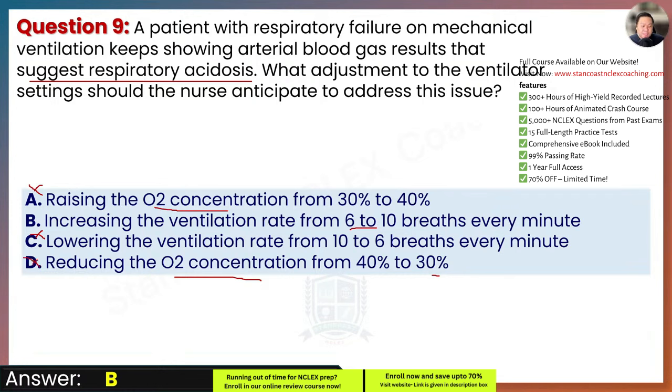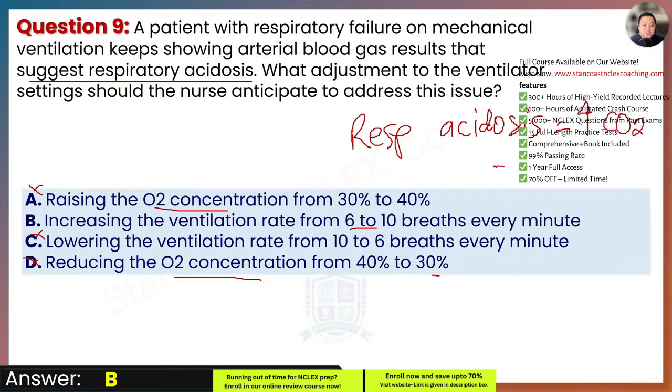Never do that. And so for you to answer this question correctly, I want you to match the intervention to the problem. So remember, if there is respiratory acidosis, there's too much CO2.